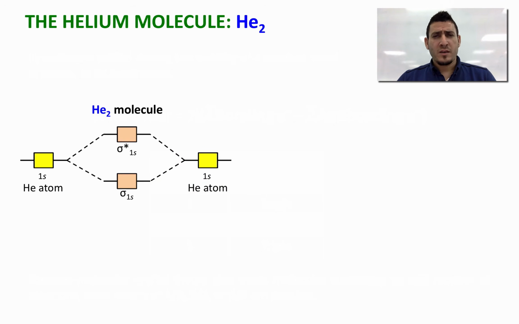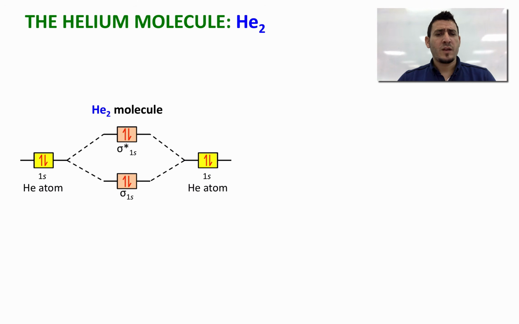Let's check if the diatomic helium is a stable molecule or not. If we consider that we have 2 electrons for each helium atom, we will have a total of 4 electrons. These 4 electrons will fill the 2 molecular orbitals for the helium molecule. We will have 2 electrons in the sigma 1s and 2 electrons in the sigma star 1s.